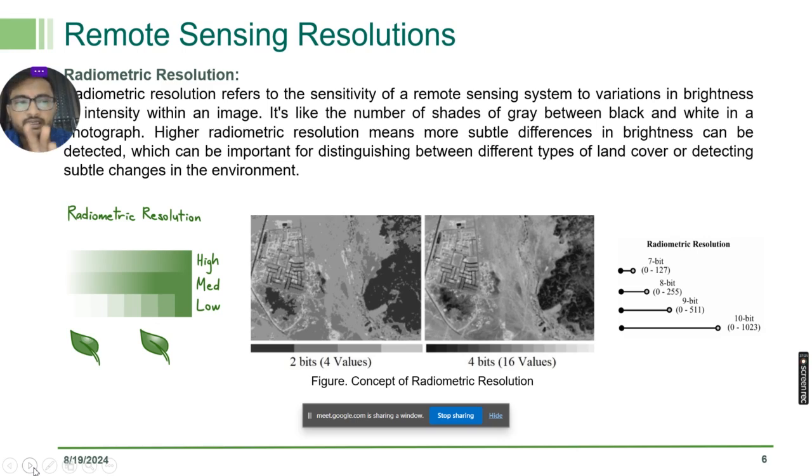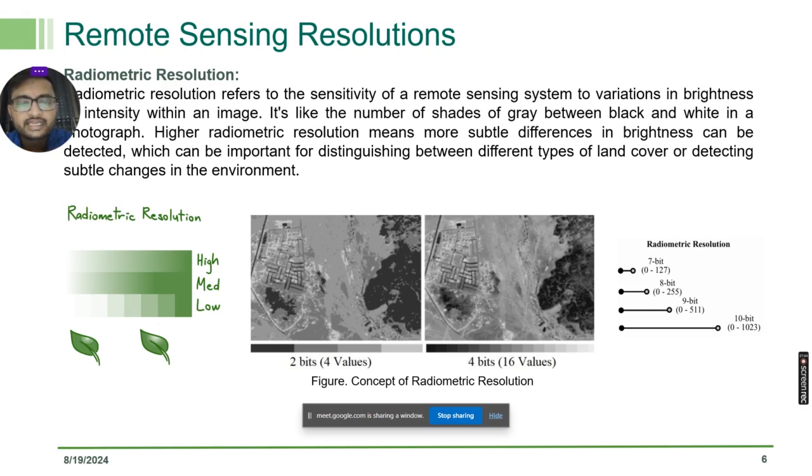If it is not reflecting, then 0. Now if we take a few more bits, let's say 2 raised to 2, it will represent 4 different values, as you can see here. Along with white and black, we have two shades of gray, which help us increase the sensitivity.